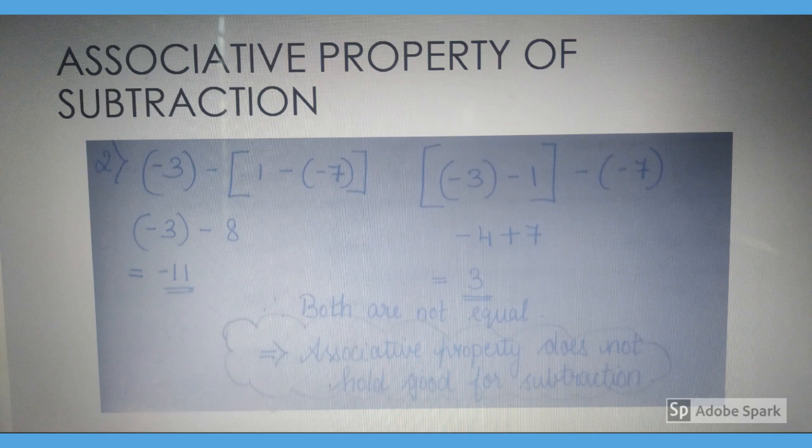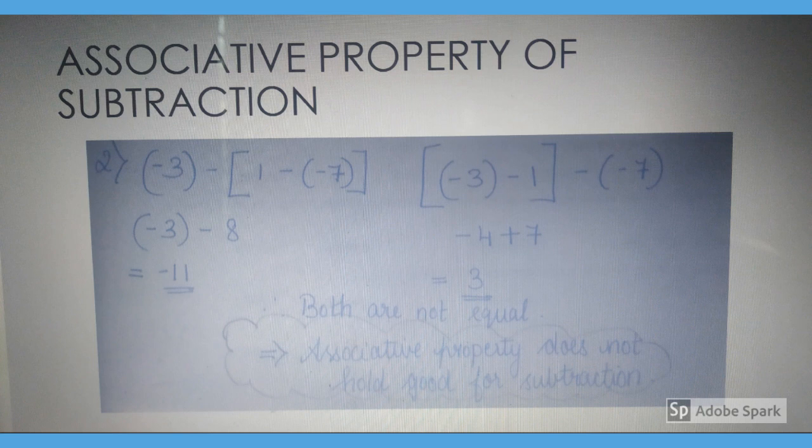So now let's see associative property of subtraction. So let's see the examples. The associative property definition is also the same for subtraction. -3 minus bracket 1 minus minus 7 bracket is equal to -3 minus 8, which is equal to -11. So in the next part, we see -3 and 1 are bracketed.